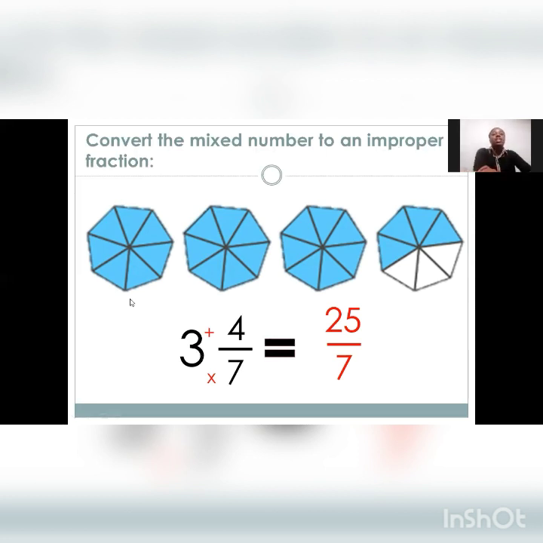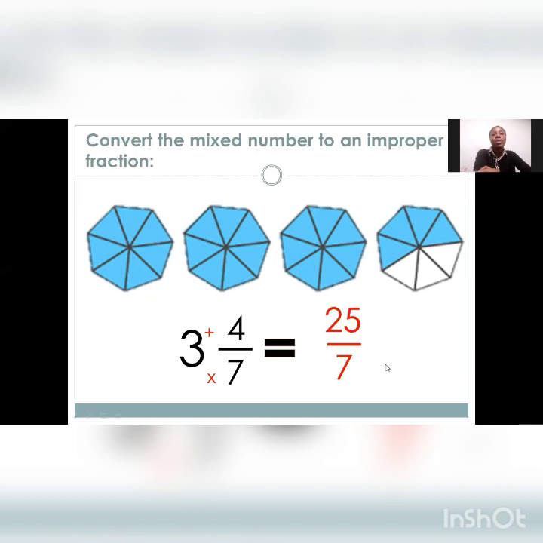And now let's count our shaded parts in our shapes, just for checking our answer. 1, 2, 3, 4, 5, 6, 7, 8, 9, 10, 11, 12, 13, 14, 15, 16, 17, 18, 19, 20, 21, 22, 23, 24, 25.